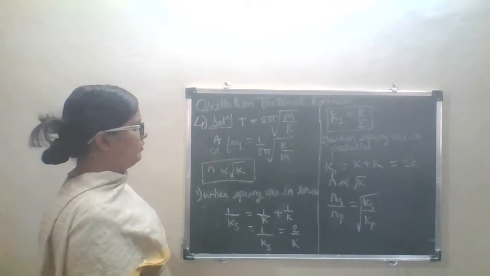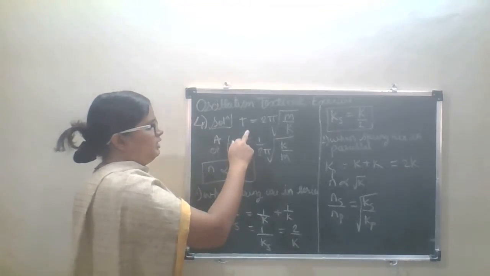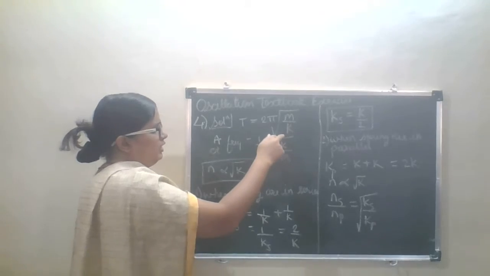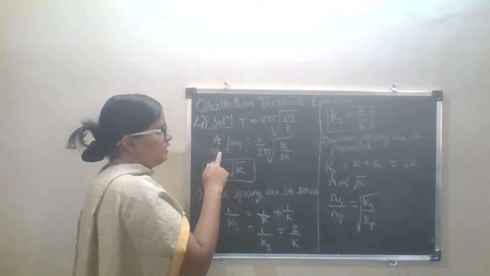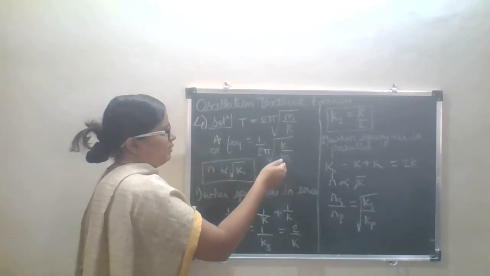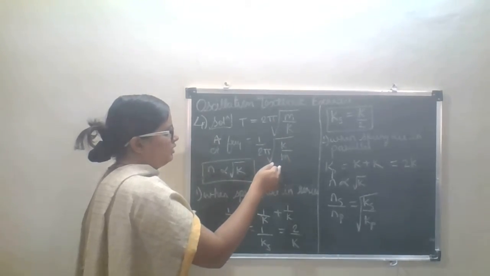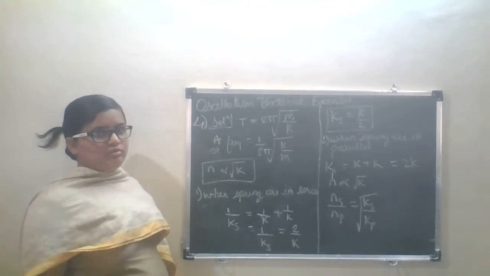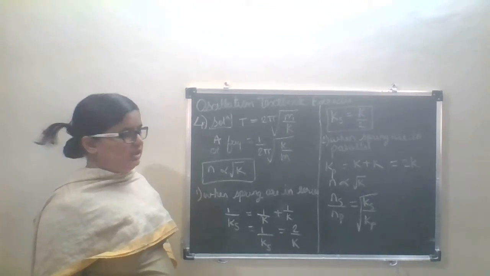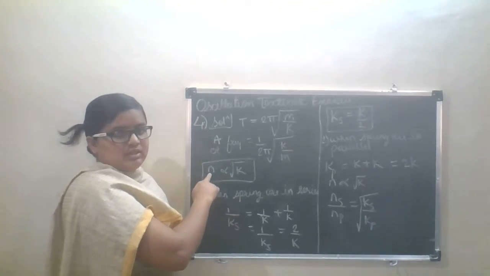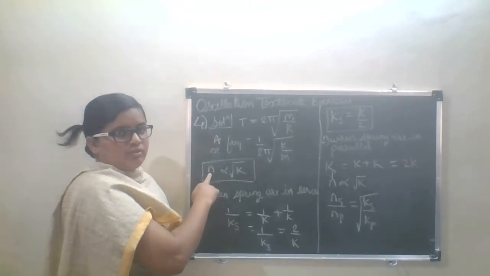We know the time period T is equal to 2 pi under root m upon k, and the frequency will become the reverse, under root k upon m, because n is equal to 1 upon T. So frequency n is directly proportional to under root of k.